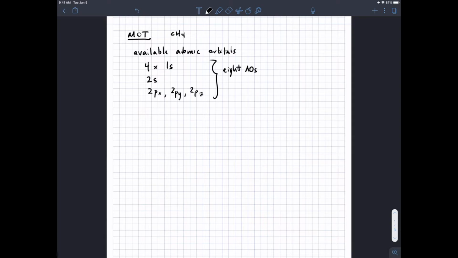So the math of MO theory tells us that we're going to mix them together, and there's a conservation of orbitals principle. If you start out with 8 atomic orbitals and you mix them together, you must get out 8 new molecular orbitals. So we're going to generate 8 molecular orbitals. I'm only going to show you 4 of them. We're going to ignore the higher energy empty ones for now.